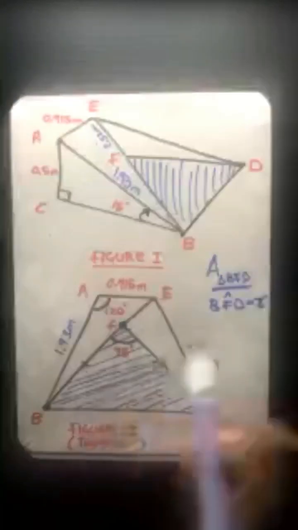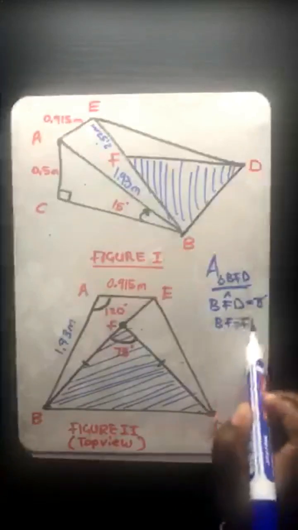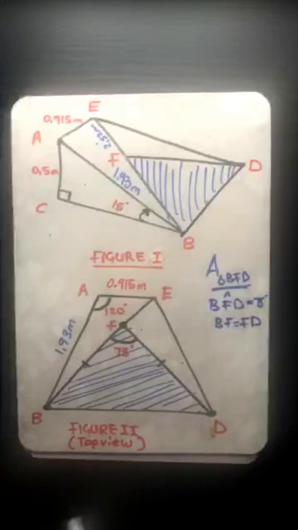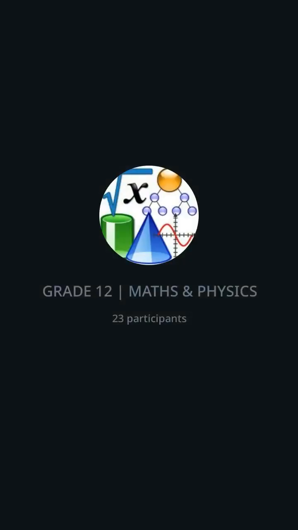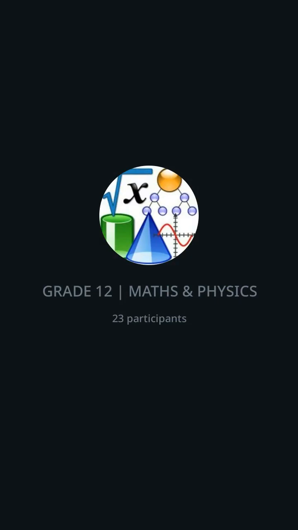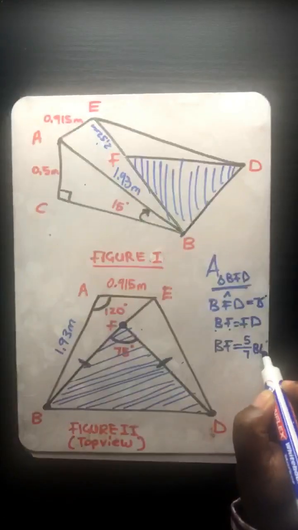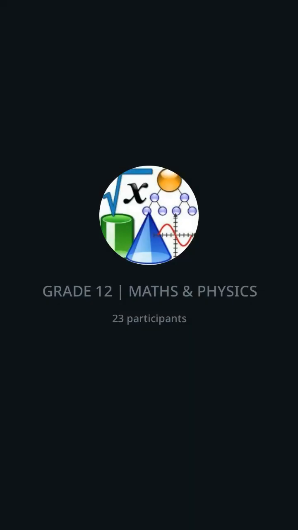And again, they say BF is equal to FD, and BF is equal to 5 over 7 of BE. What is BE? There is BE.